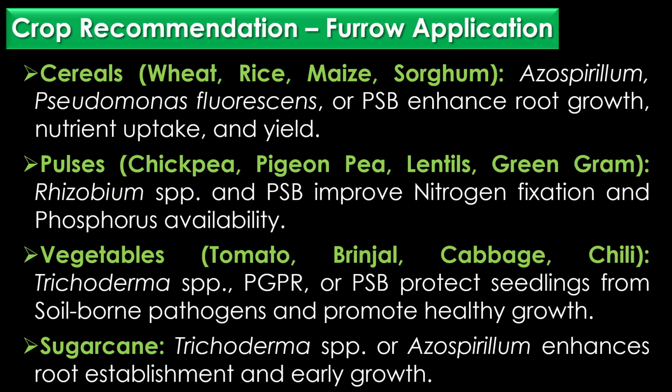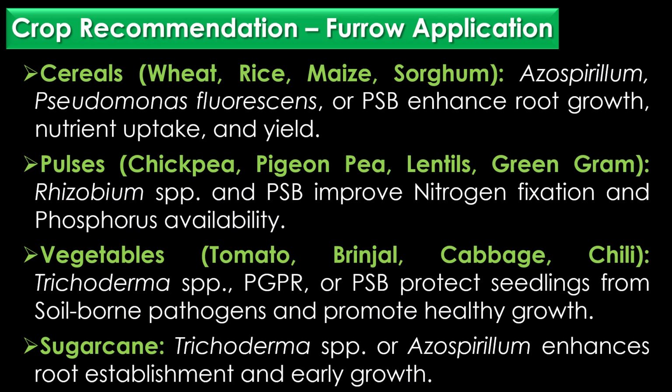nutrient uptake and yield. For pulses like chickpea, pea, lentils and green gram, Rhizobium species and phosphate solubilizing bacteria were applied in furrows to improve nitrogen fixation and phosphorus availability.